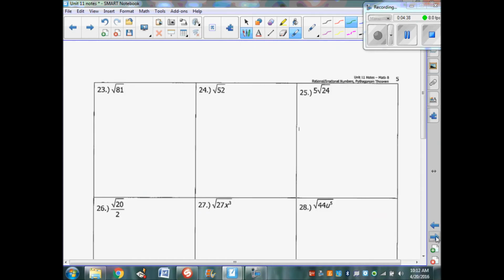So what about the square root of 81? Hopefully something just went off in your head and said, oh, the square root of 81, that's perfect. 9. Square root of 81 is a perfect square. Done. 9. 52, I got to go back and think about all the numbers that multiply to 52. 4 and 13.